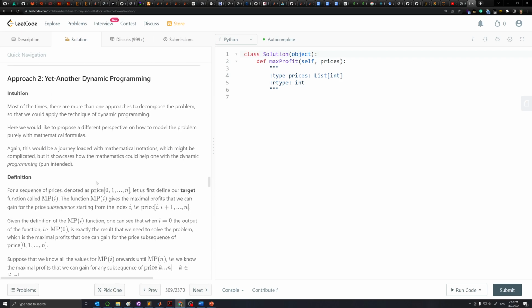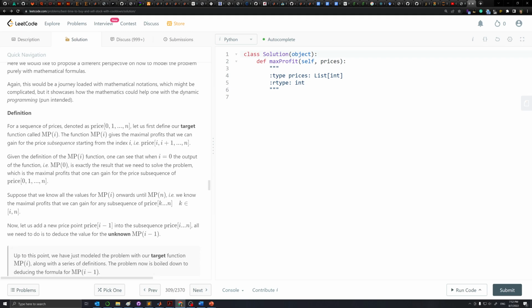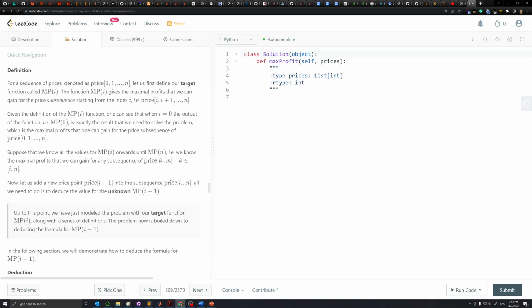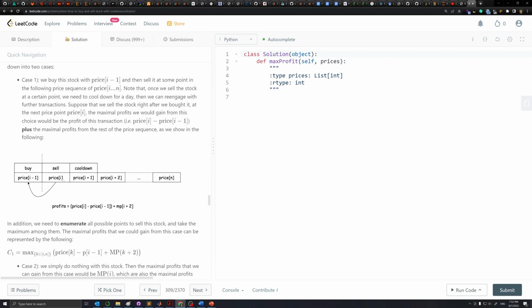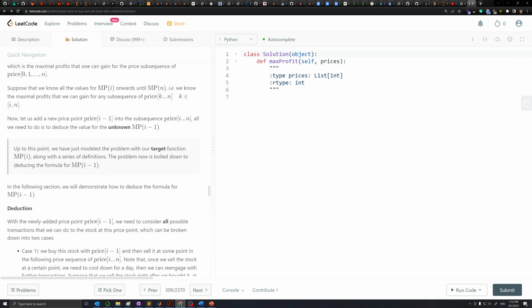In another dynamic programming approach: intuition, definition, target function, price, cooldown, price minus price plus MP. What is MP?